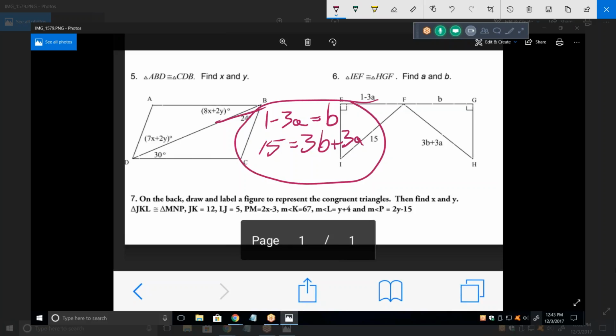And I have found that if one of the equations is fully solved, and this one is fully solved for b, substitution works better. So take that for b and substitute it into equation number 2. What do you get? 15 equals... what? You're substituting whatever b is equal to. What is b equal to?